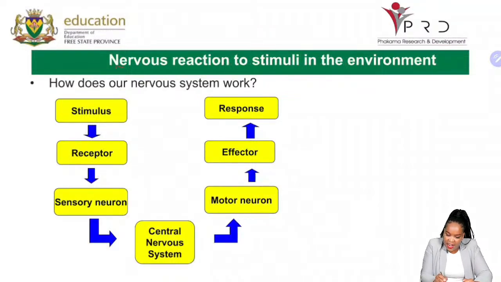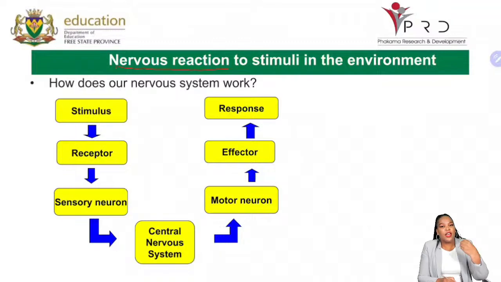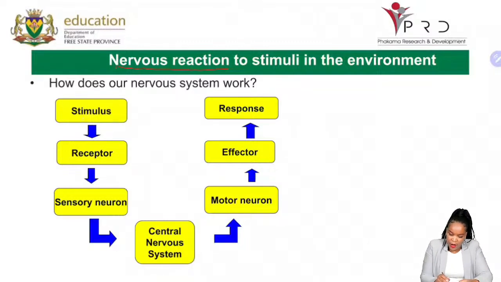Now, this is the nervous reaction. This is what I'm talking about. When your nerves are receiving that stimulus by the receptors, they must respond. So how does the whole system work? Let us check. Firstly, there's going to be a stimulus from the environment. Remember, we said stimulus can be internal or it can be external.